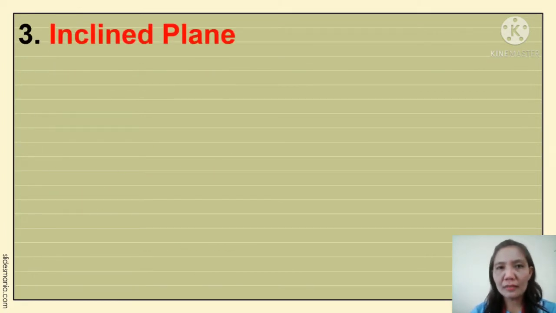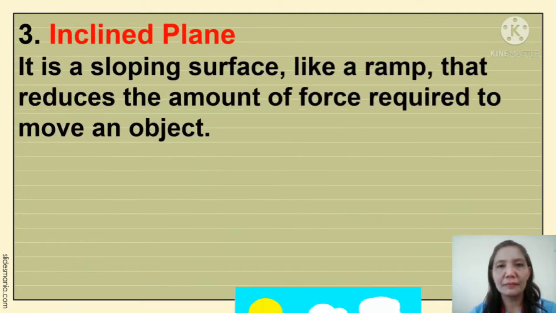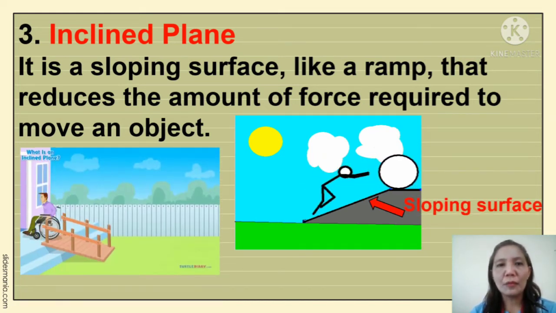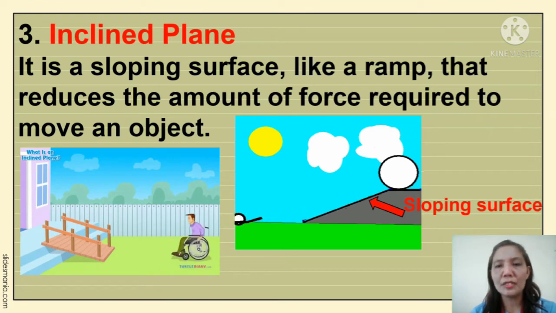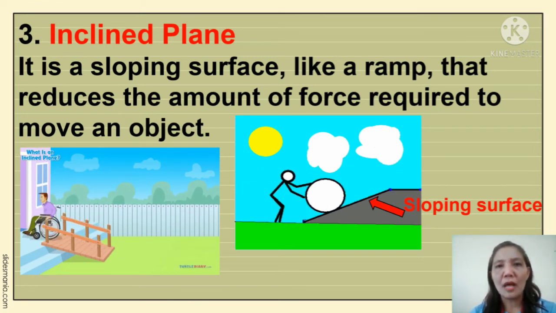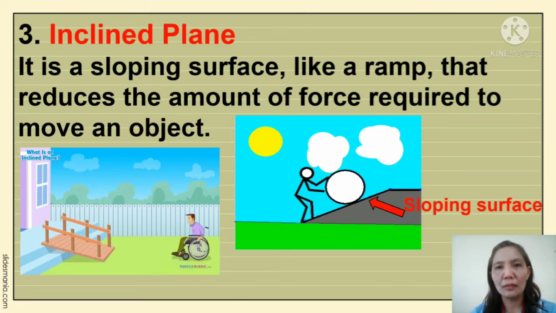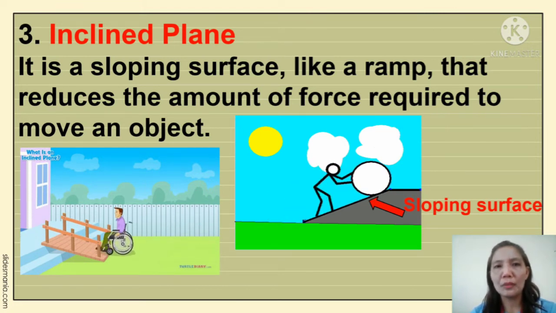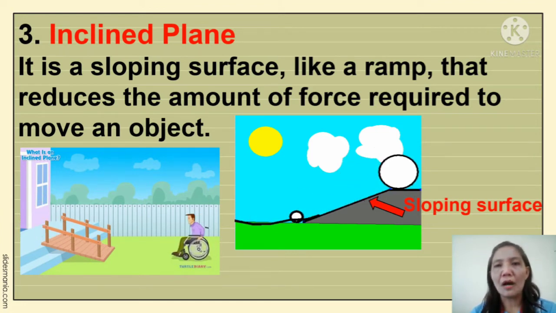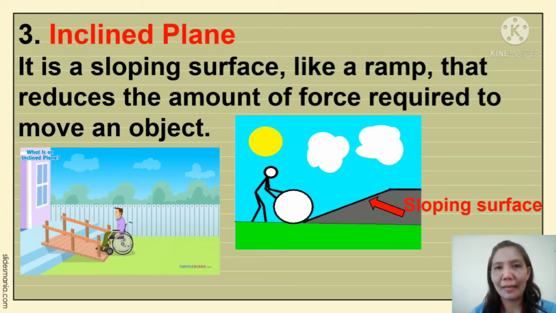Next one is inclined plane. It is a sloping surface like a ramp that reduces the amount of force required to move an object. A man pushing a big ball and a PWD with a wheelchair crossing a ramp are the examples of inclined plane.